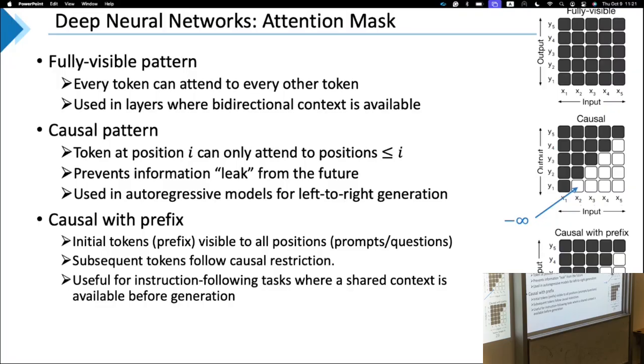And the second is called the causal mask, which means, for example, here, this is your input sequence. And for each input token, you are only able to see your previous tokens. Let's say X3 here, you're not able to see Y3, Y4, and Y5.